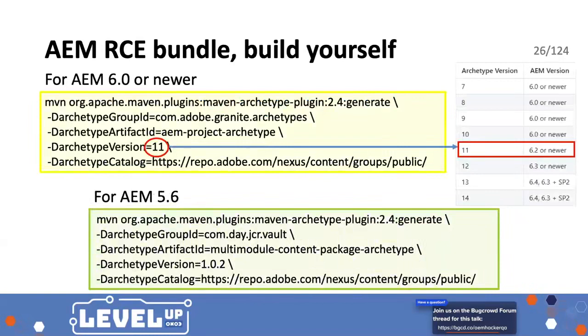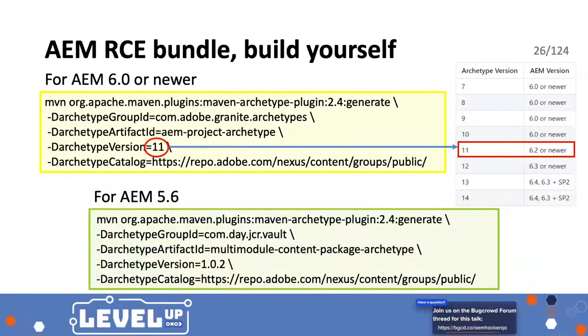If you find that pre-built OSGI bundle is not suitable for you, or you want to change something in the code, you can generate new skeleton using presented Maven commands, and then backport backdoor servlet class from my project to the newly created skeleton project. There is a separate command line for AEM version 5.6.